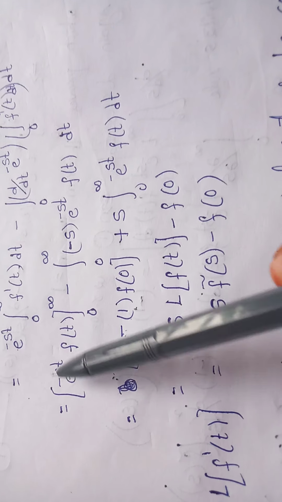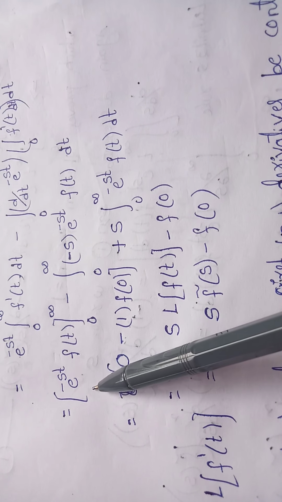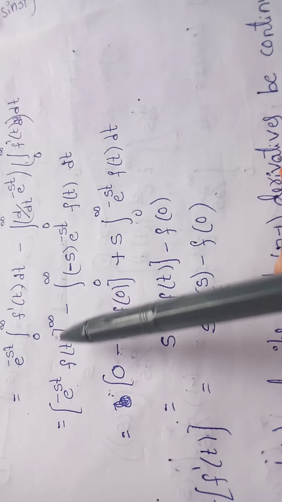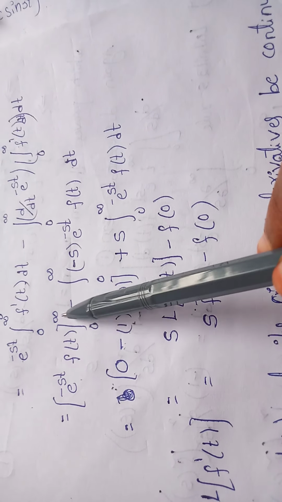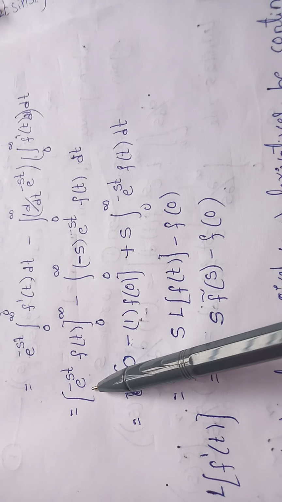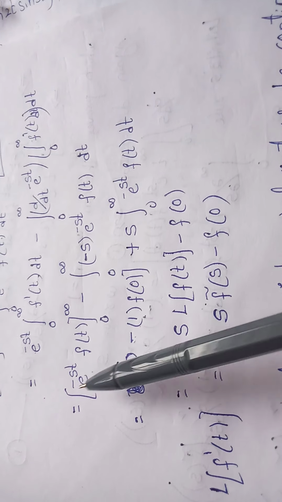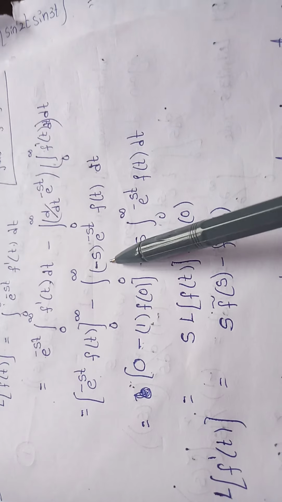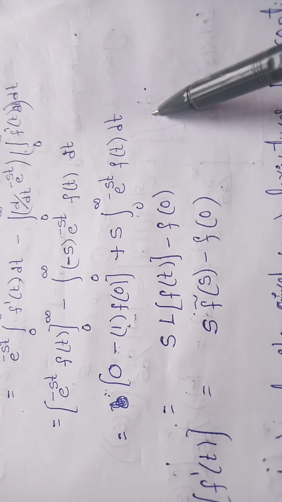At infinity, e power minus infinity you can write as 1 by e power infinity, 1 by infinity, which is 0. Here 0 means you apply the infinity value in the e power. So 0 minus e power 0, that is 1 into f of 0, minus of minus plus s into the integral, the remaining value.